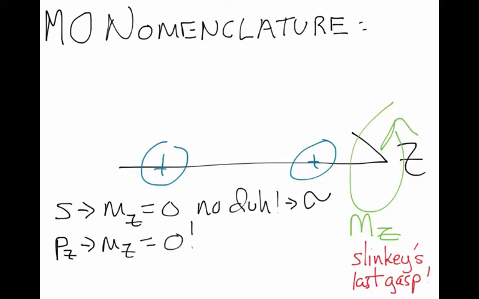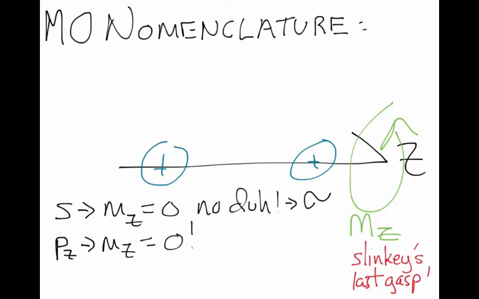p_z, however, also has m sub z equal to 0, right? If the electron is along the z-axis, remember the polar orbits we were talking about earlier when we were defining the orbital angular momentum around an atom. That means that in order to have a high probability of being found along the z-axis, there has to be no component of angular momentum about that z-axis.